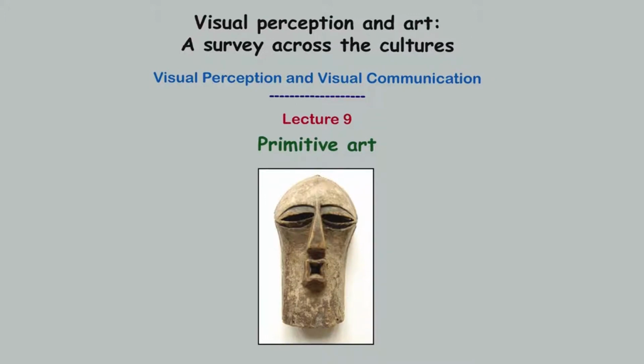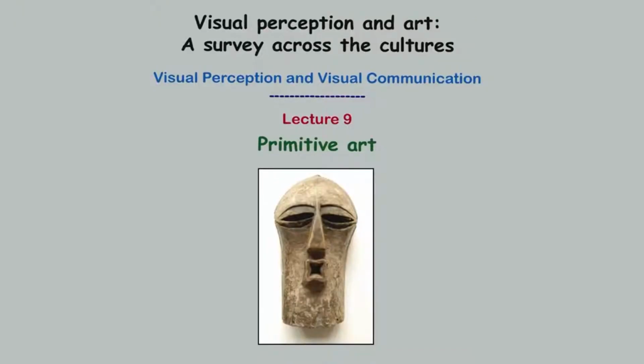Today we will be looking at primitive art as a case study for visual perception. By primitive art we generally mean the artworks which consist mostly of masks and heads and faces of human beings and other birds and animals, or a composite of different elements, and also certain kinds of ritualistic figures and sculptural objects.